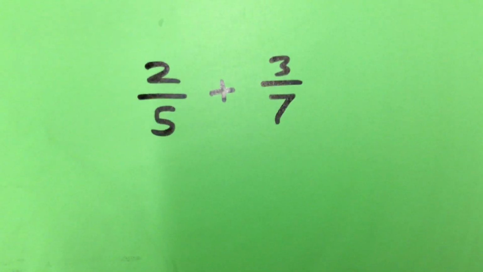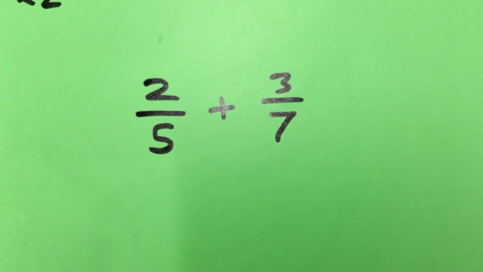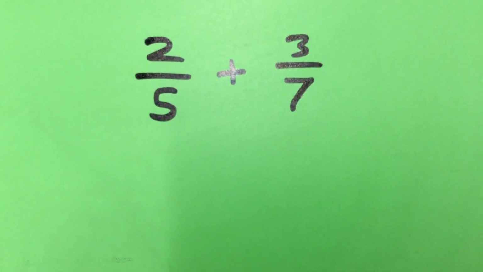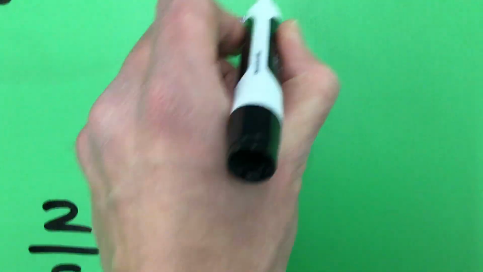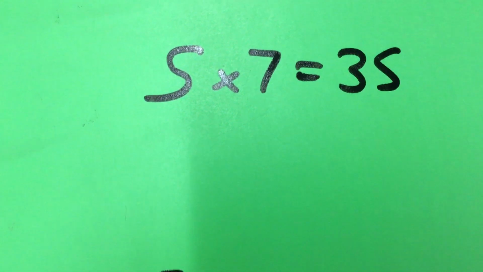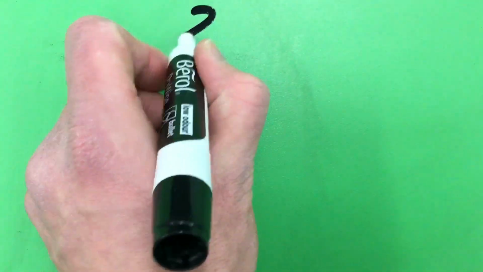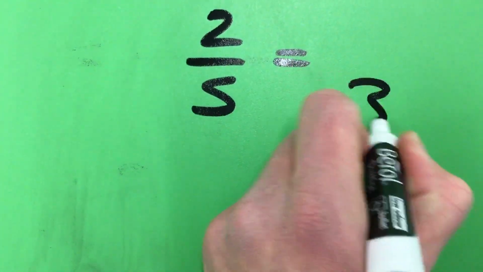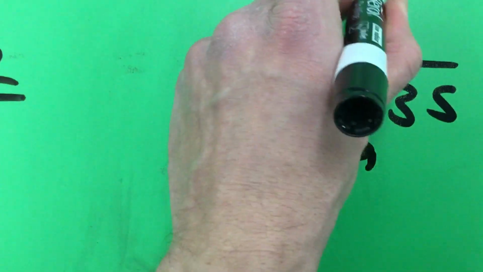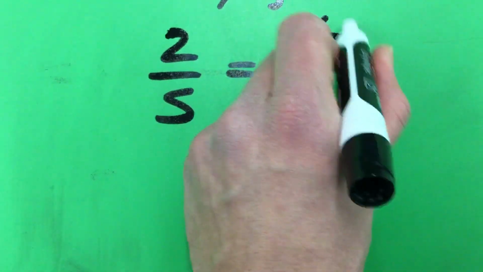I need what is called a common denominator, a denominator that is a common multiple. What are the multiples of 5 and 7? Well, sometimes the easiest way to do this is to multiply the numbers together, and 5 times 7 equals 35. So I want two fractions that have a denominator of 35. So for 2/5, I'm going to have to multiply by 7 and with 2 as well. 2 times 7 is 14.